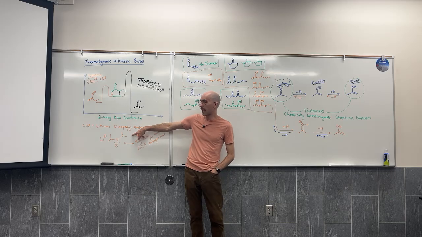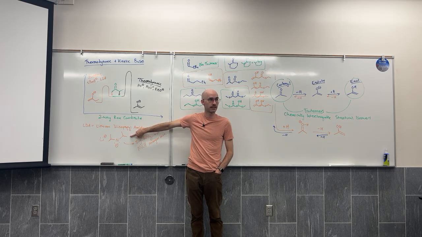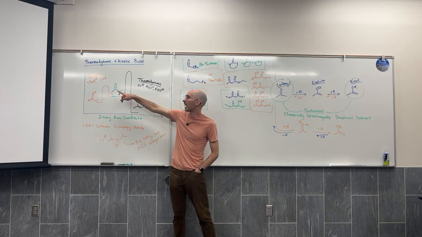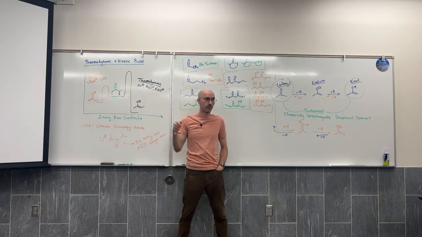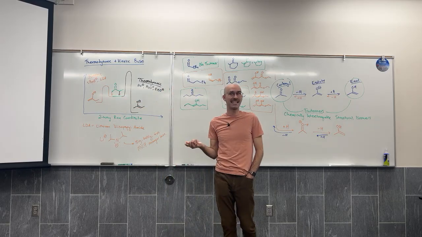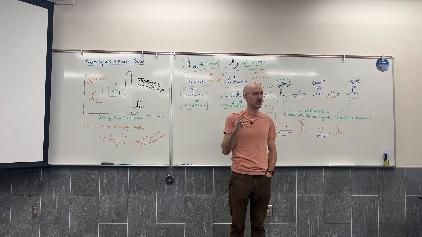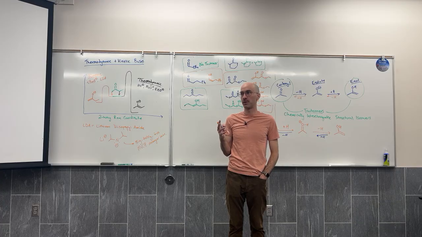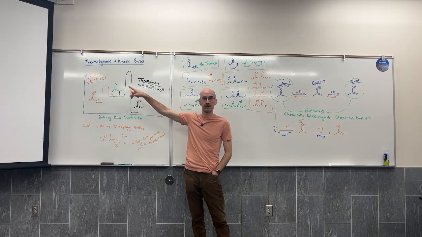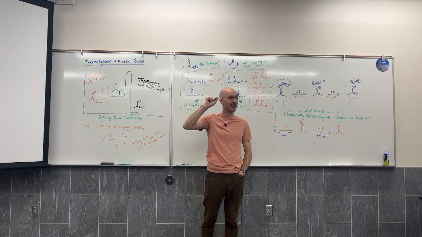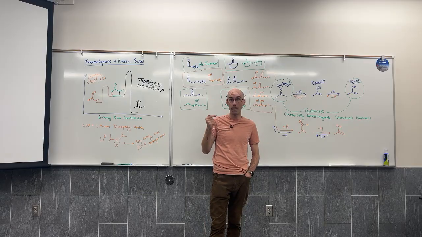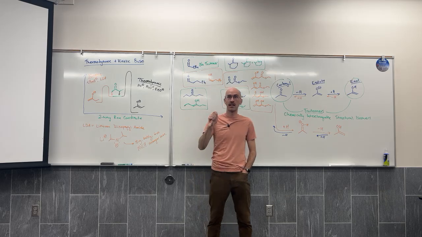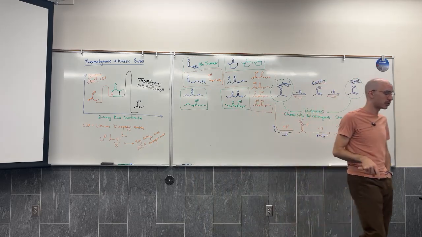The pKa of the conjugate acid of LDA, 35. The pKa of the conjugate acid for tert butoxide, 18. So there's roughly 20 orders of magnitude between LDA and tert butoxide. LDA is 20 orders of magnitude more basic, a stronger base. So it's just as bulky, but it is a much better base.